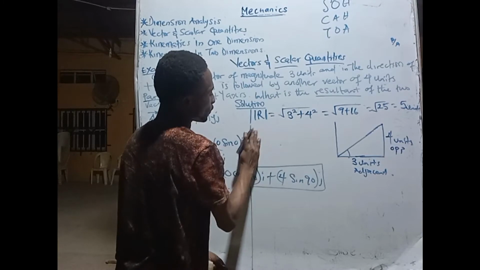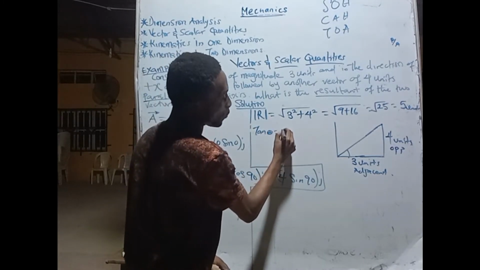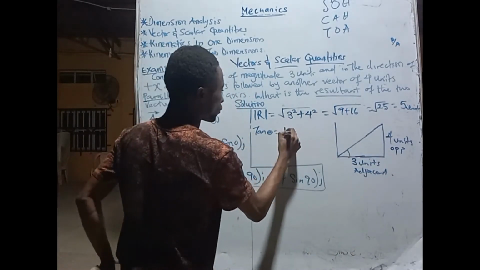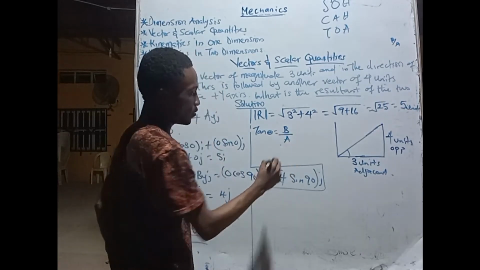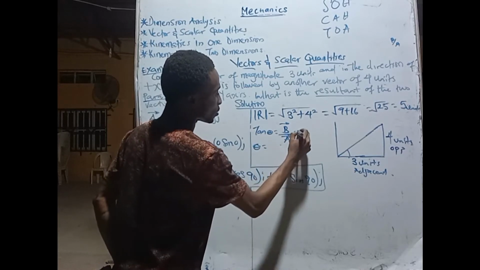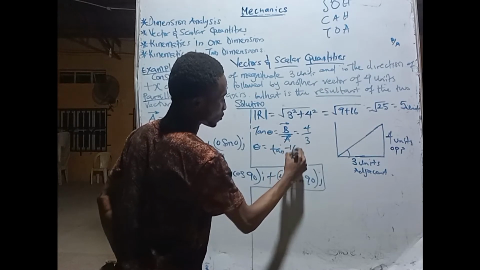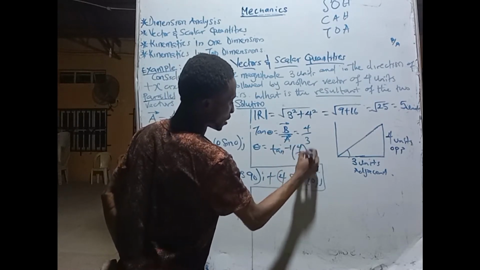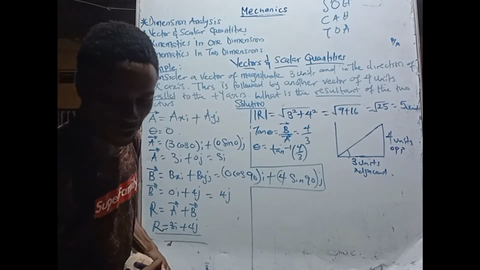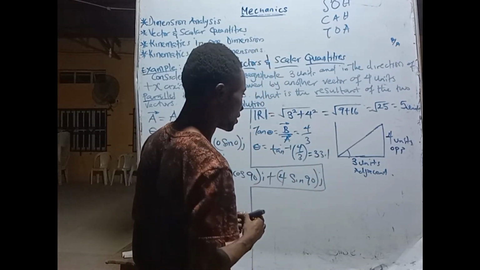So we are using tan here. Tan theta equals opposite, which is vector B, over adjacent, vector A. So our theta will be equal to tan inverse of 4 over 3. Tan inverse of 4 over 3 will be equal to 53.1 degrees.